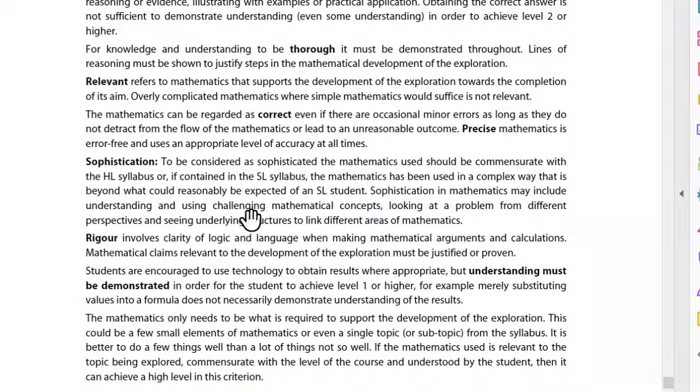Clarity of logic and language when making mathematical arguments and calculations. Mathematical claims relevant to the development of the exploration must be justified or proven. This topic circumvents trial and error. So that's one of the downfalls of these models.